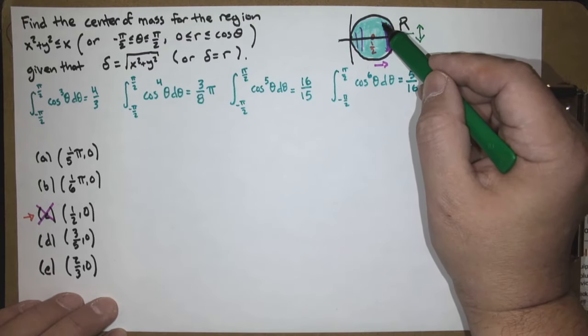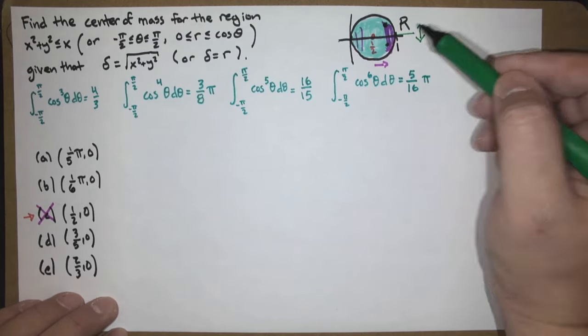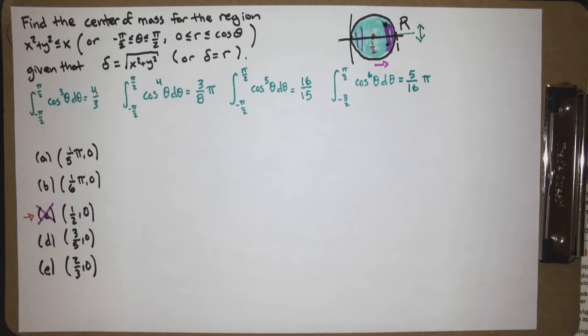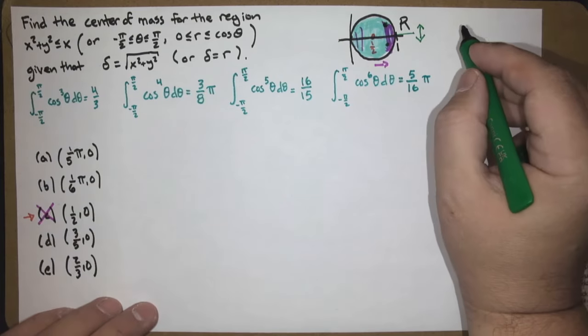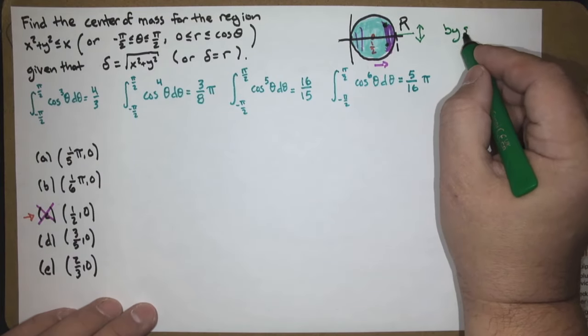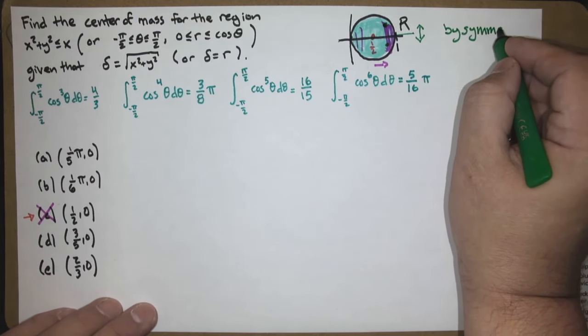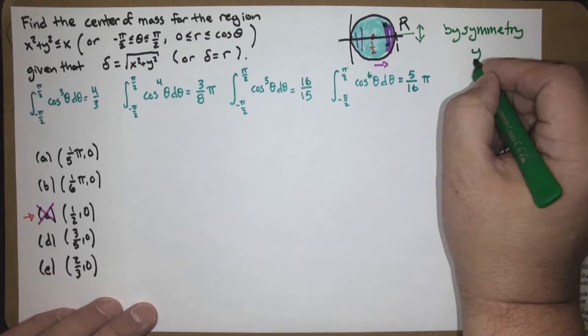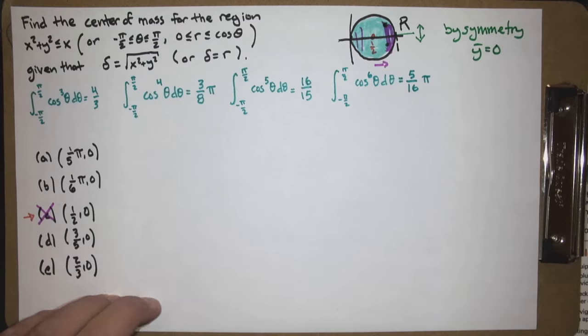If you look at a little piece up here versus a little piece down here, they'll have the same density because they'll have the same distance from the origin. Okay, so by symmetry, y bar equals 0. Unfortunately, that's not enough for us to get the right answer. But if this was a long answer, that was just 2 points by writing that down.